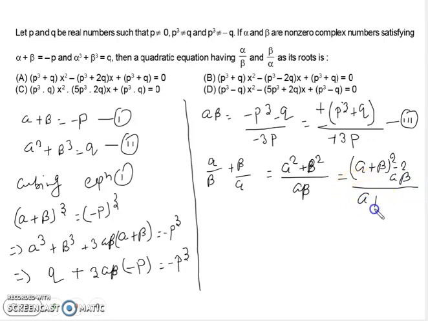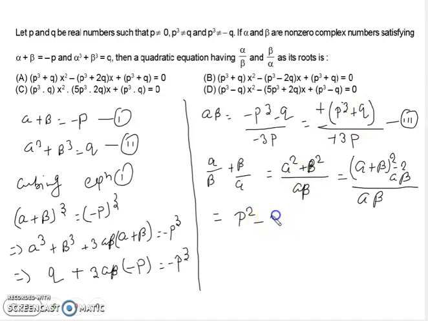Are you getting my points? So alpha plus beta whole square is p square, so we can write p square minus 2 alpha beta, using the value found above.